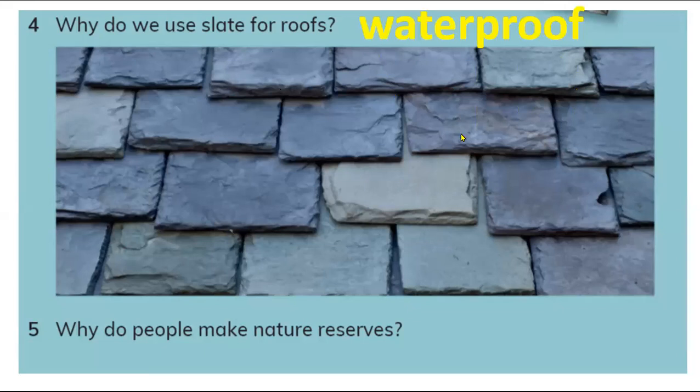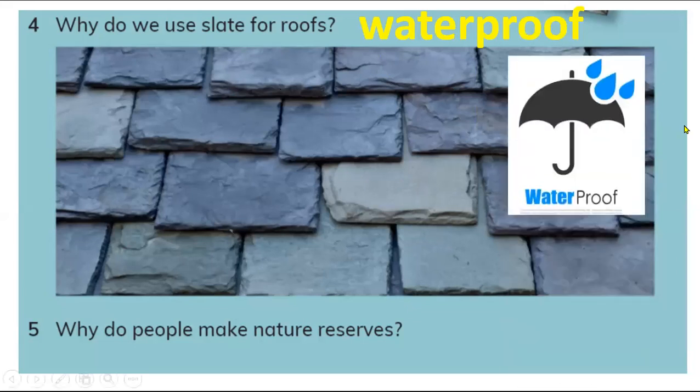Okay, the water cannot go inside the rocks. So this is a waterproof rock. But in some rocks water can be absorbed. Slate is good for stopping water. Why do people make nature reserves?